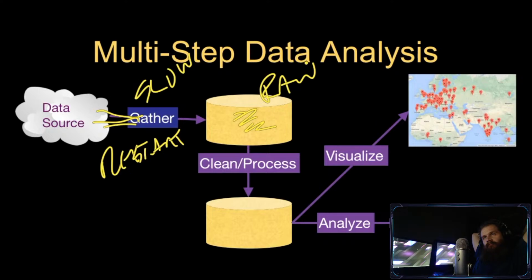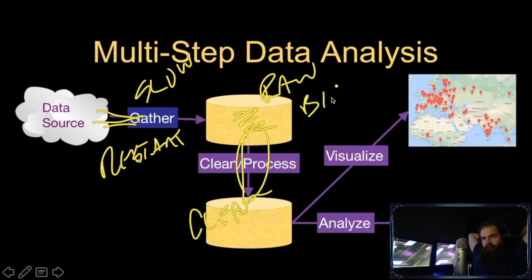And then you find that the data is kind of nasty and ugly, and you find that before you're going to do any analysis, you probably want to clean and process it. So in a lot of these, you're going to go from a raw database to a clean one. And this is going to be really large, and this is going to be really small. And you're going to do this sort of once but slowly, and you'll do this as many times as you need, changing this program, cleaning the data up over and over and over again.